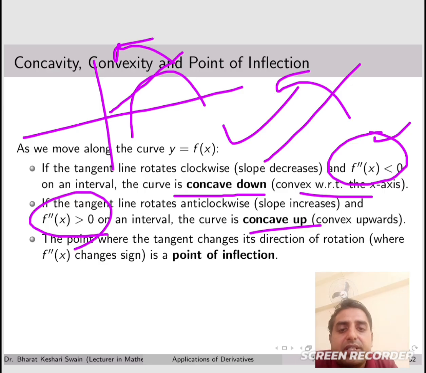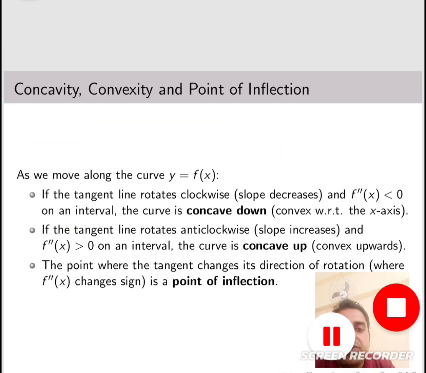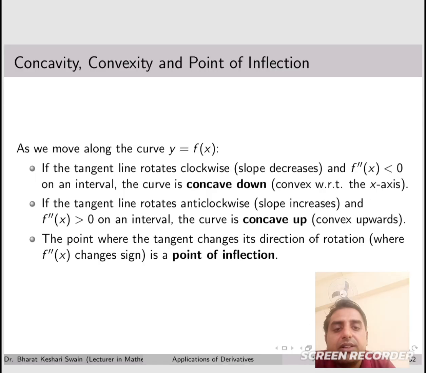So the point where the tangent changes its direction of rotation, that means where f double dash x changes sign, is the point of inflection.